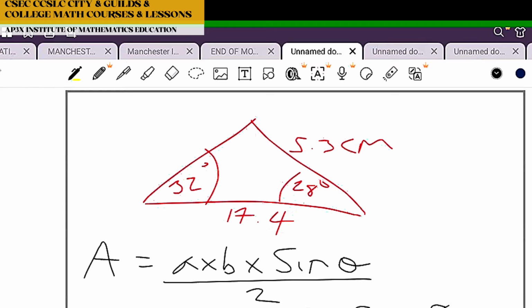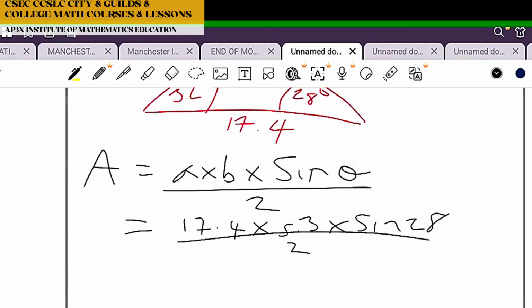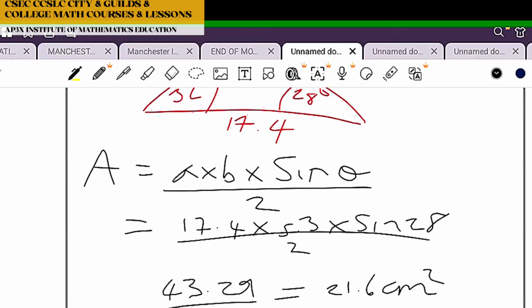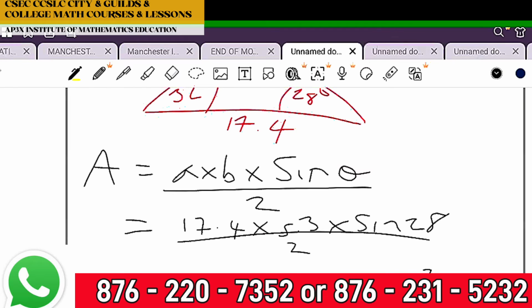That would be 43.29, divided by 2, which would be the answer: 21.645 or 21.65. 21.6. That's it. It's 21.64; the 4 doesn't affect the 6. It's 21.6. That's fine.